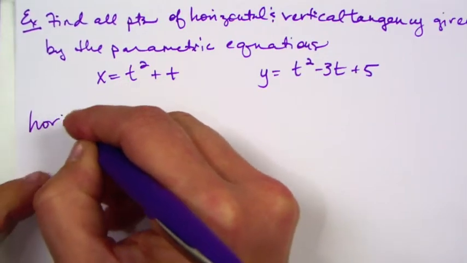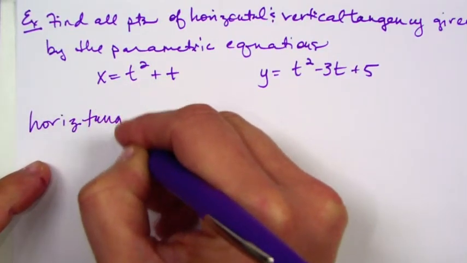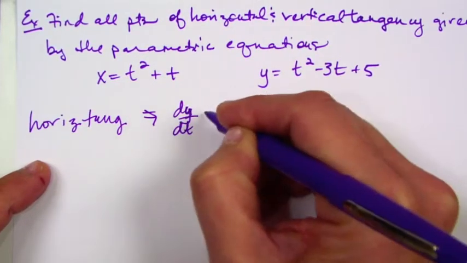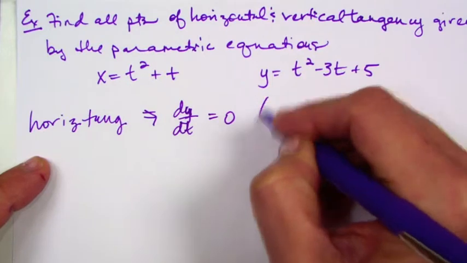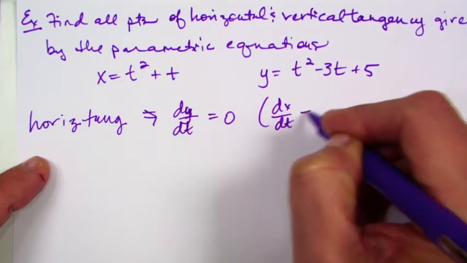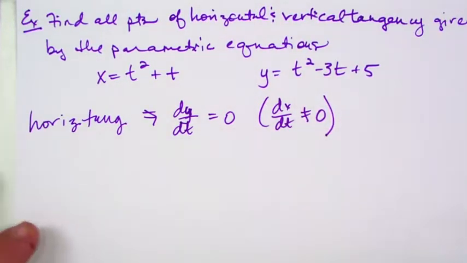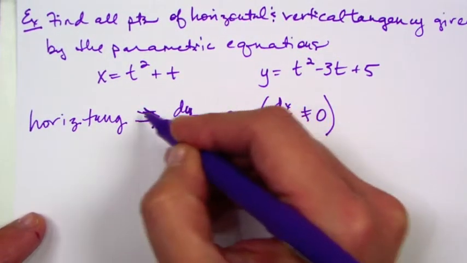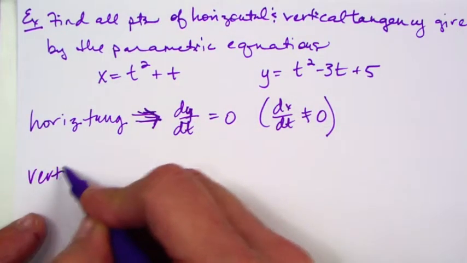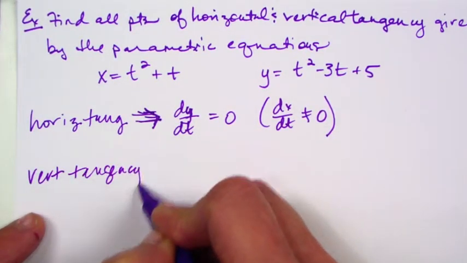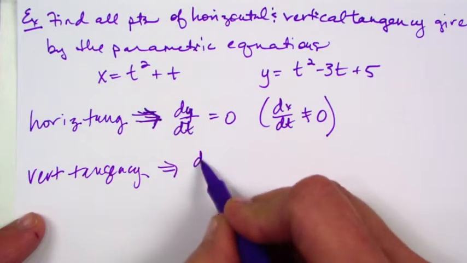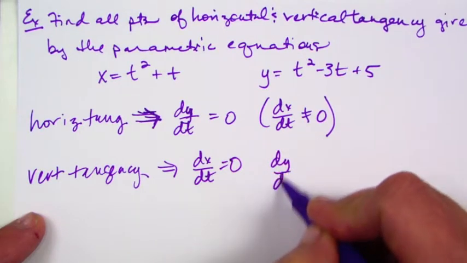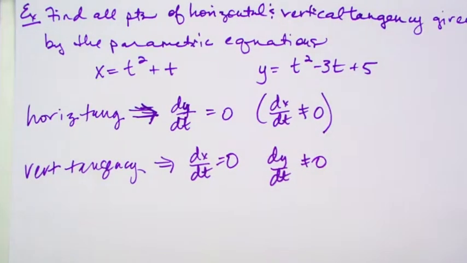Horizontal tangent implies that dy dt is equal to 0 and dx dt is not equal to 0, right? And a vertical tangent, dx dt equals 0, dy dt doesn't.